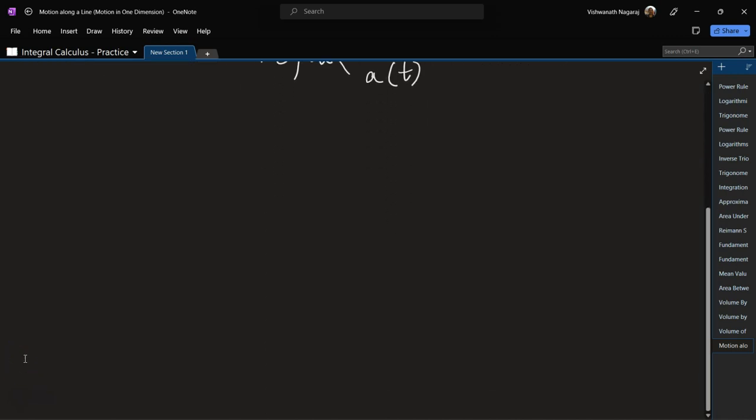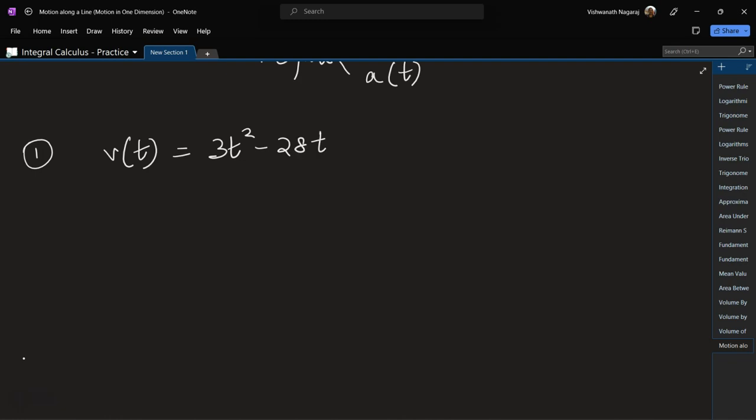acceleration or velocity. Now we are given that velocity with respect to time is equal to 3t square minus 28t. What we have to figure out is the displacement with respect to t. Now, as you know, when we do integration, we get a constant of integration, right?